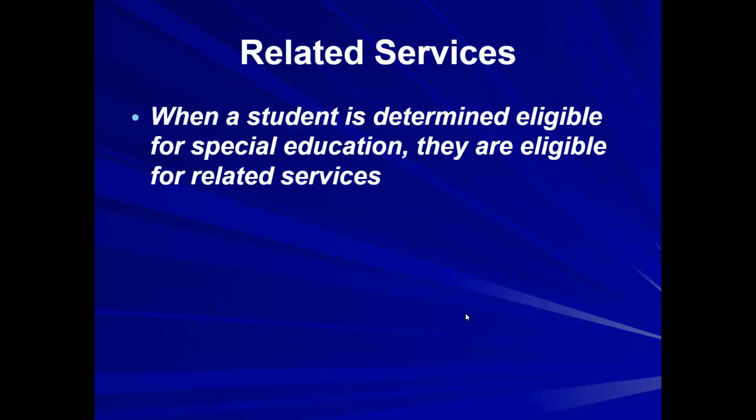When a student is determined eligible for special education, they are eligible for related services. So when you have your IEP meeting, they can be determined eligible for and or, meaning one or both of program services, which we talked about at the last session, and or related services.